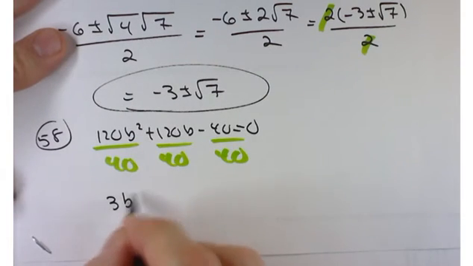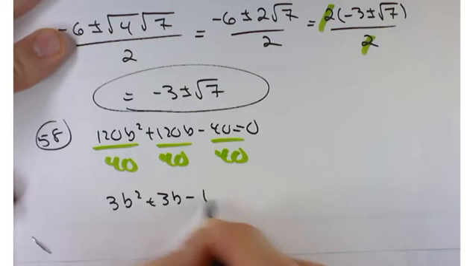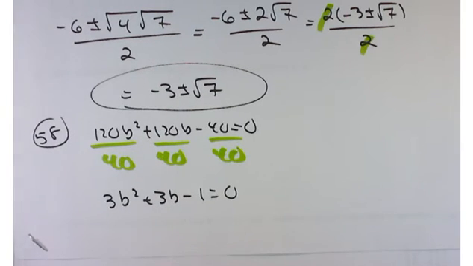Absolutely. So 3b squared plus 3b minus 1 equals 0. That looks a lot more manageable. And from here, it's just a matter of running through the quadratic formula.